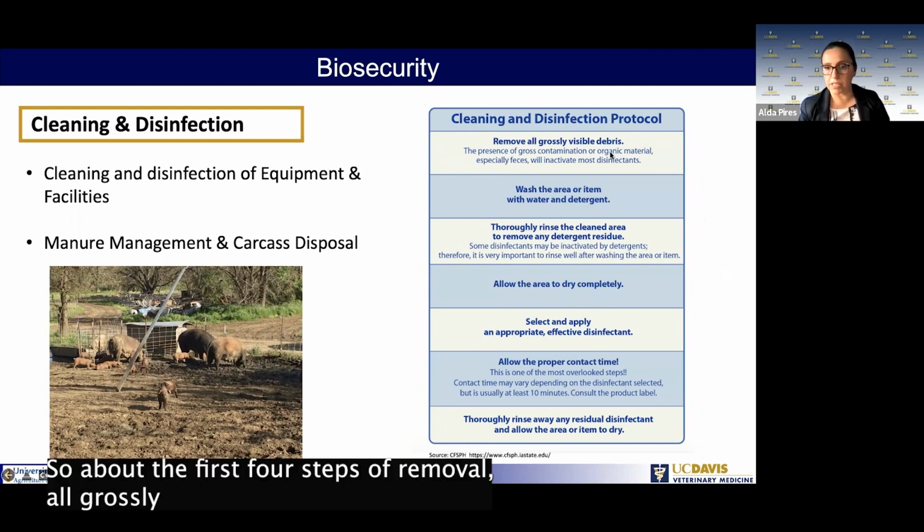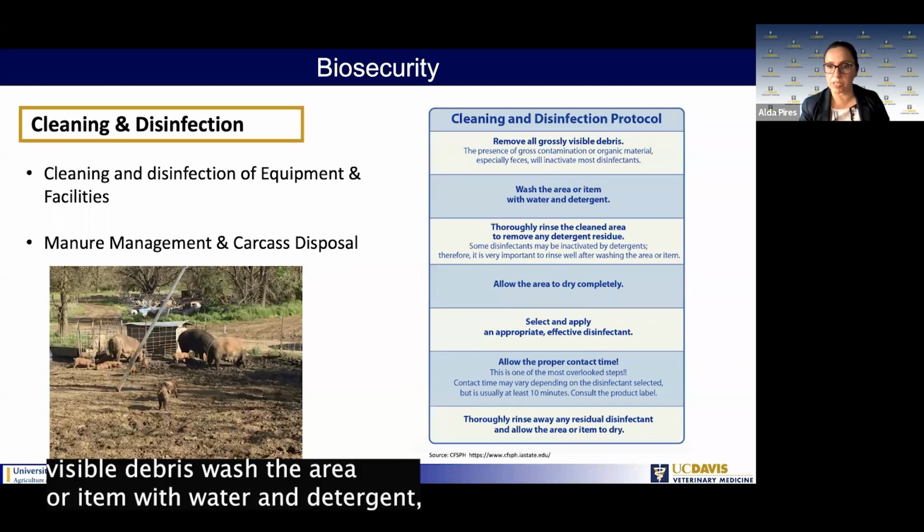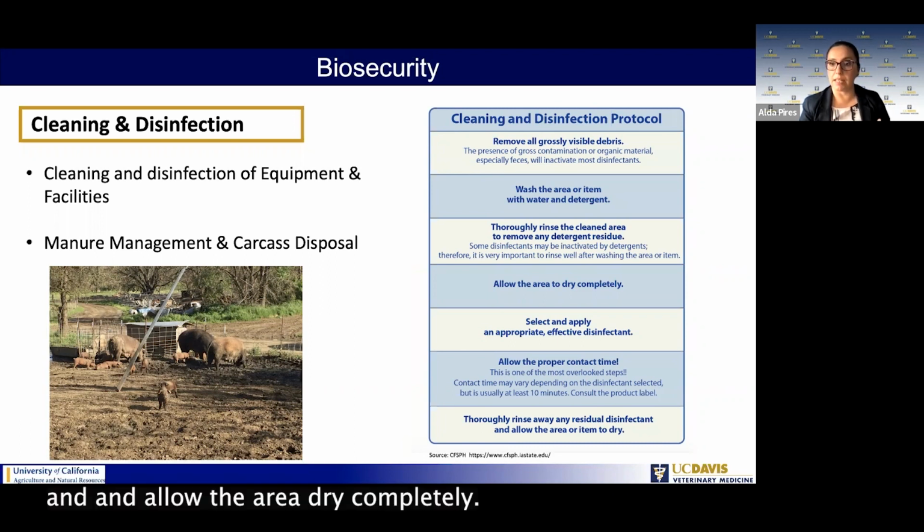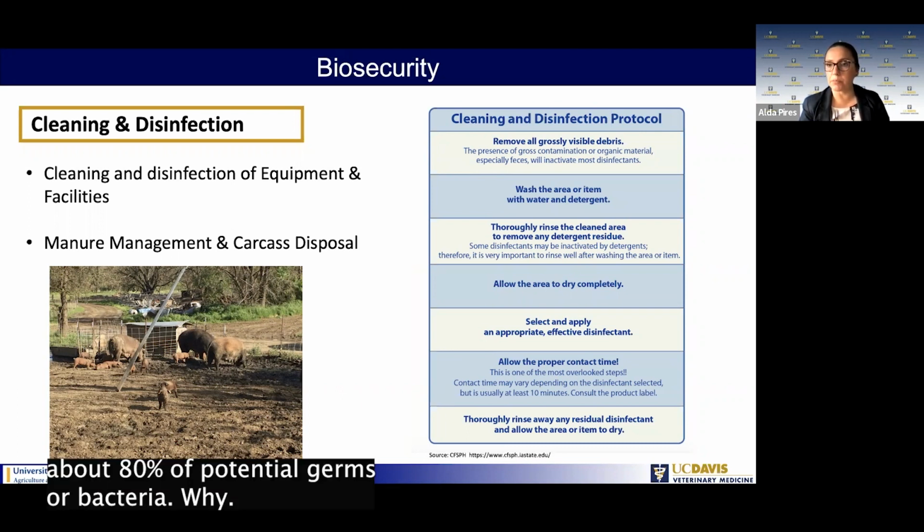So the first 4 steps: remove all grossly visible debris, wash the area or item with water and detergent, rinse the cleaned area to remove the detergent, and allow the area to dry completely. These 4 steps actually remove about 80% of potential germs or bacteria.